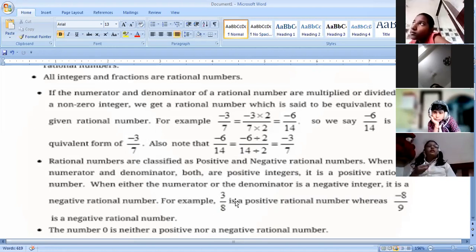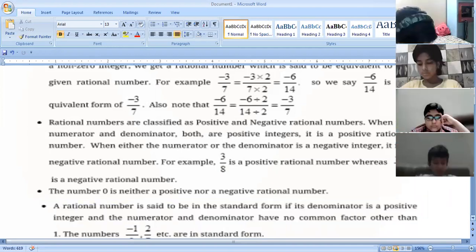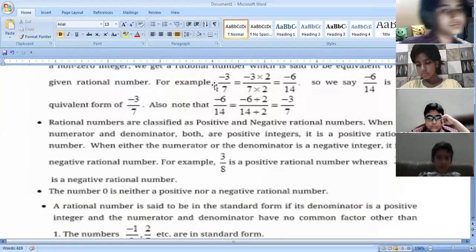Suppose I'm talking about 3 by 8, it will be a positive rational number. If I'm talking about minus 8 by 9, it will be a negative rational number. Next important thing is the number 0 is neither a positive nor a negative rational number, as you have learned on the integers number line also.